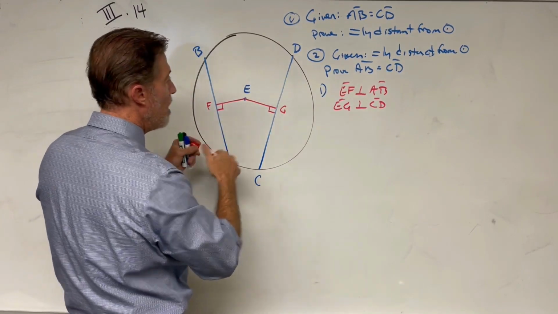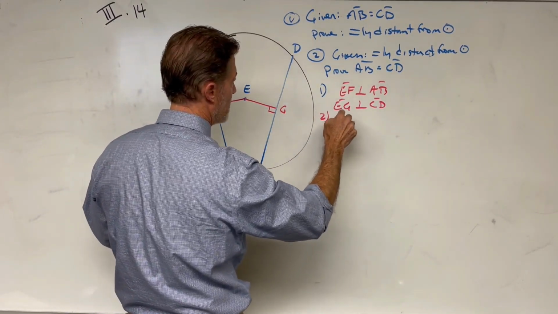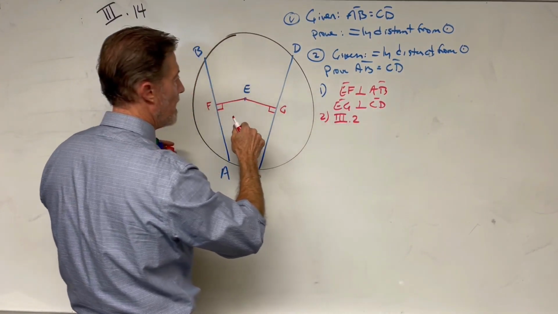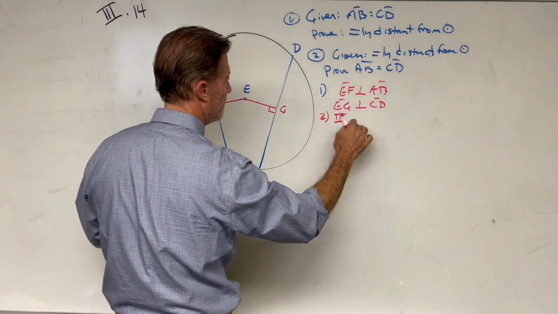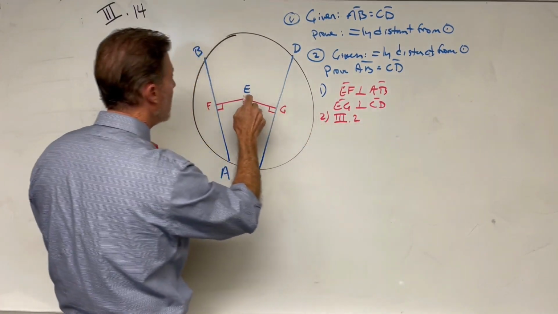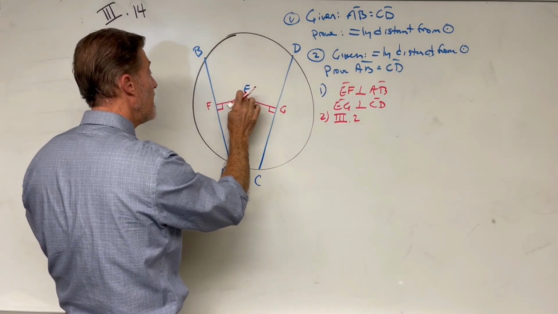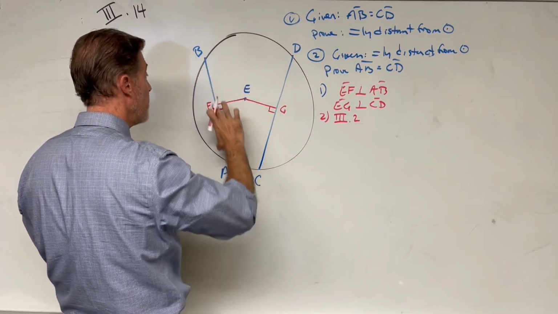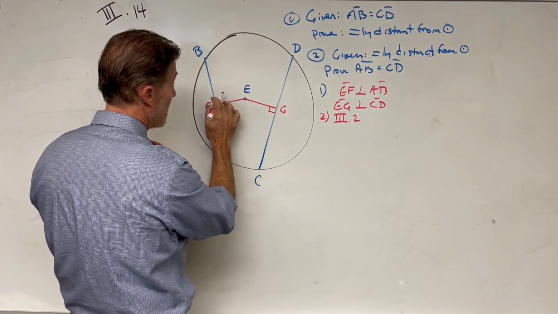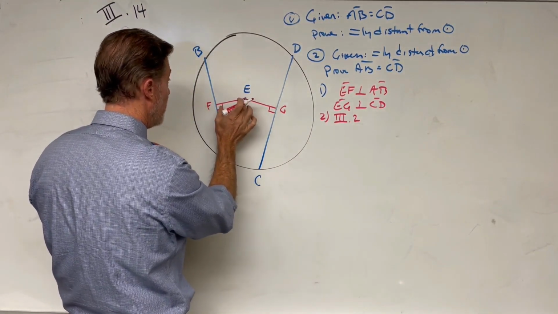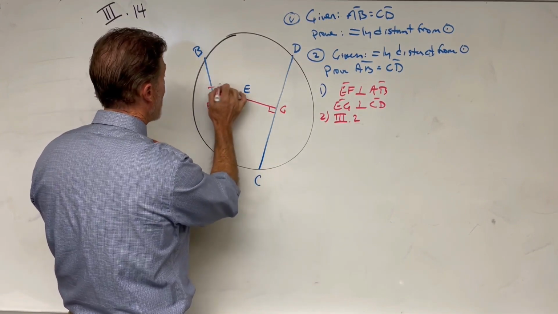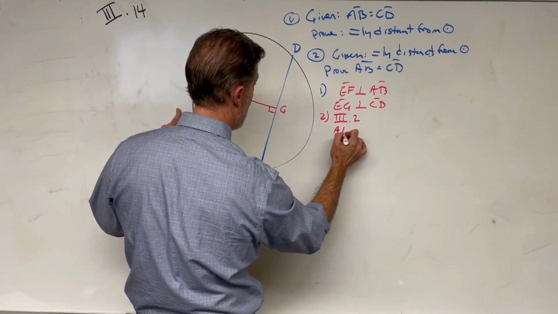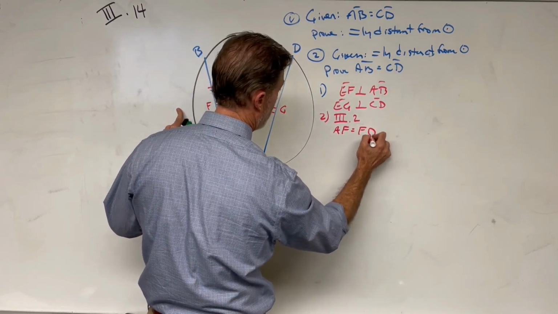And we know from, I think it is prop 3.2, anyway, when a line through the center intersects another line not through the center at right angles, then it bisects it. So from this we know that AF is equal to FB.